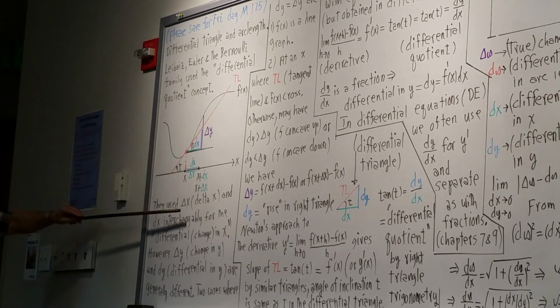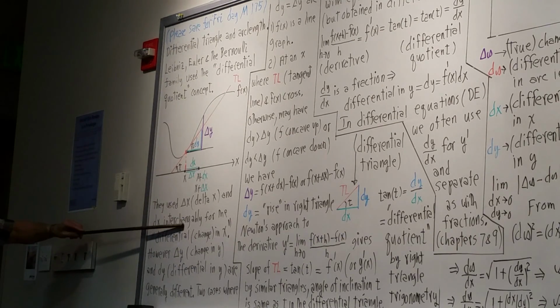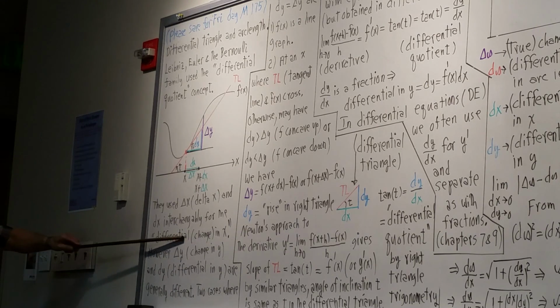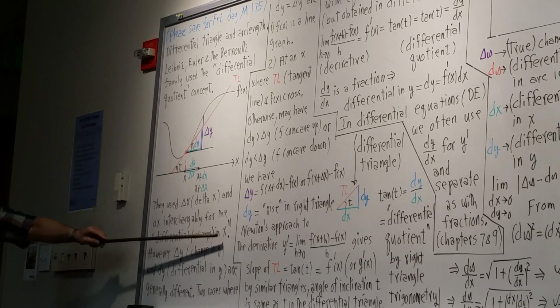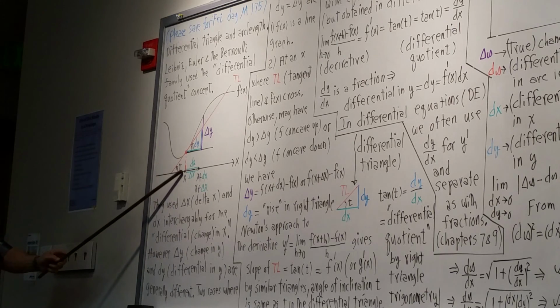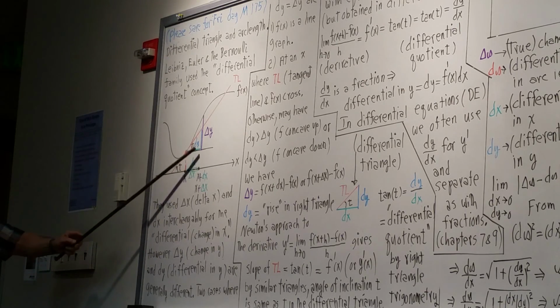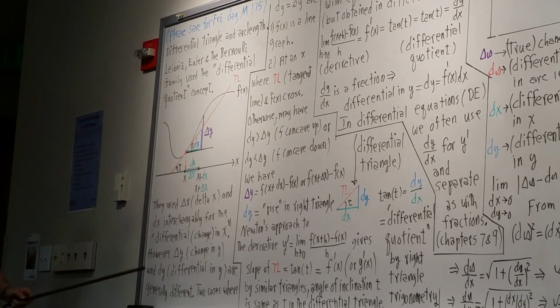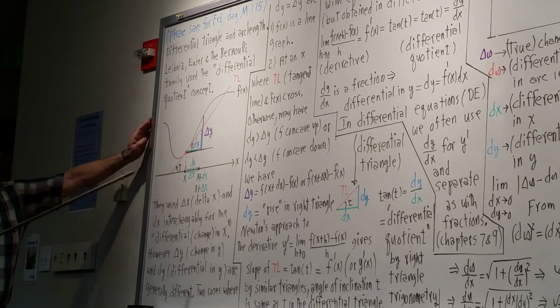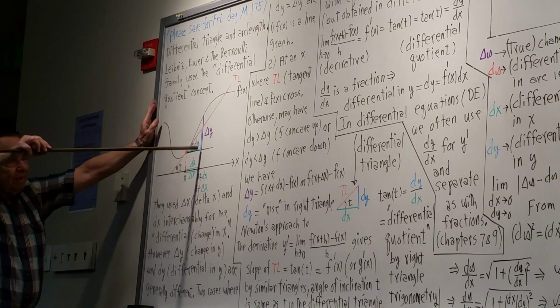So these people would have used delta x and dx interchangeably for the differential change in x from this position to someone over here. However, the change in y, the delta y, and the differential change in y are generally different. You can see that they're different in my picture.